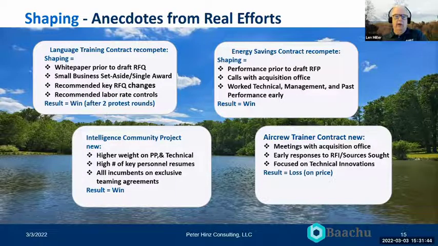So we got everybody except this one other big company together on our team exclusively. And we also got ideas into our customer's head about higher weight on past performance and a higher weighting on the technical areas, and also a higher number of key personnel resumes being required. That appeared in the RFQ.